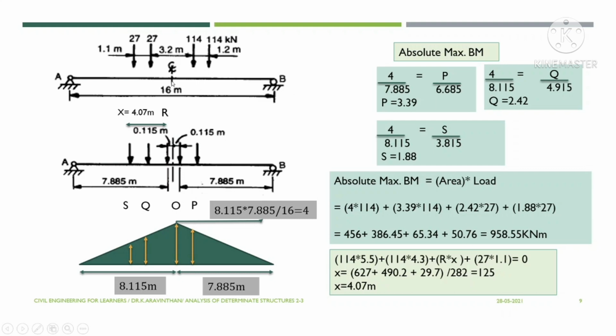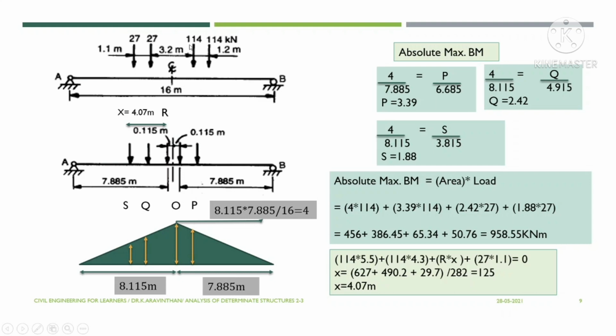Note that you have to assume an imaginary resultant force and that distance is unknown. So R into X. So all are clockwise, equal to 0. I know the resultant is the sum of all the loads. So 27 plus 27, 114 plus 114.